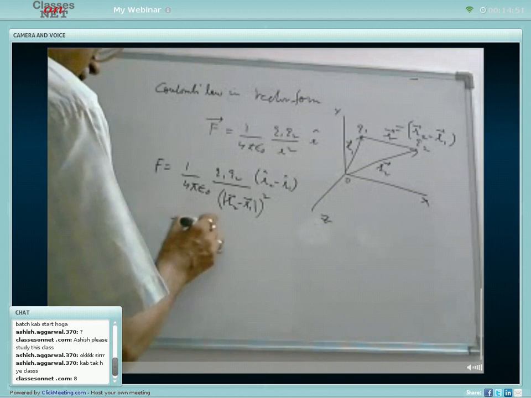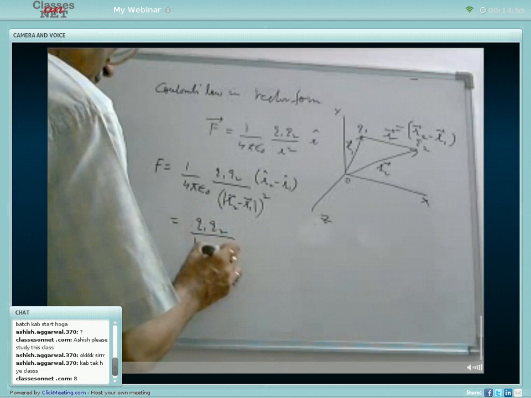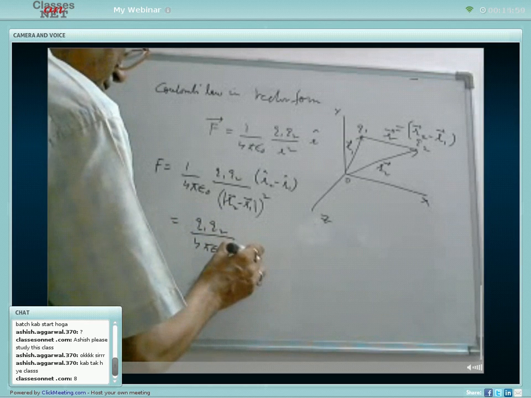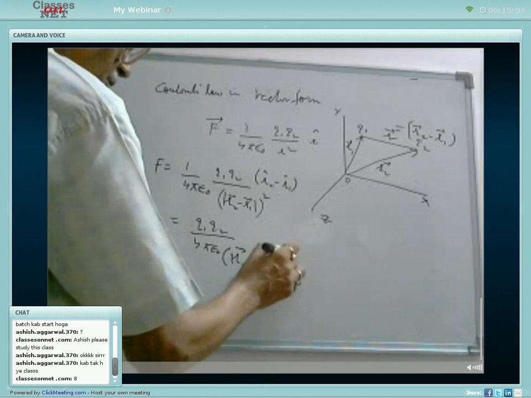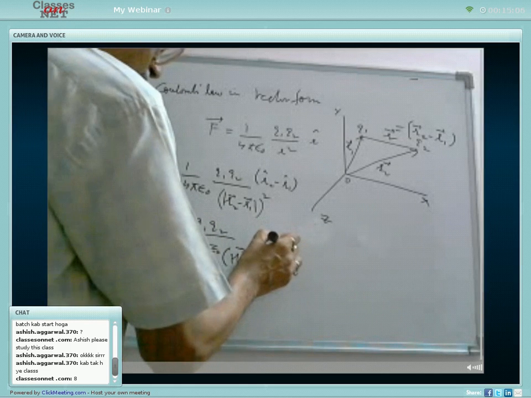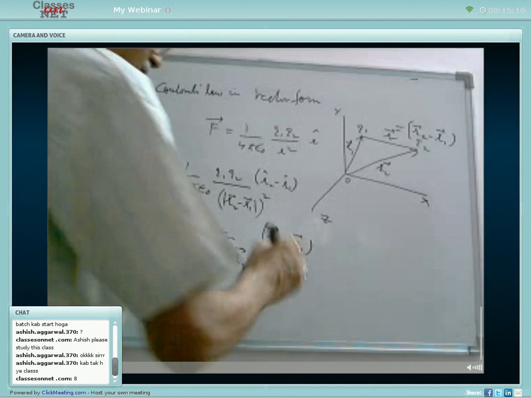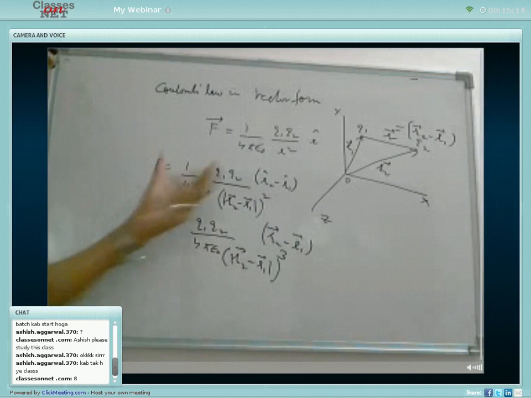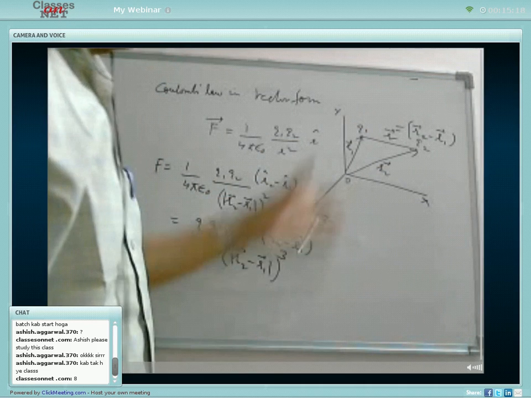Or it can be written in this form: Q1 Q2 by 4 pi epsilon 0, times the cube of the magnitude of r2 minus r1, times the vector r2 minus r1. Instead of the unit vector, you write the full vector. So this is Coulomb's law in terms of position vectors.